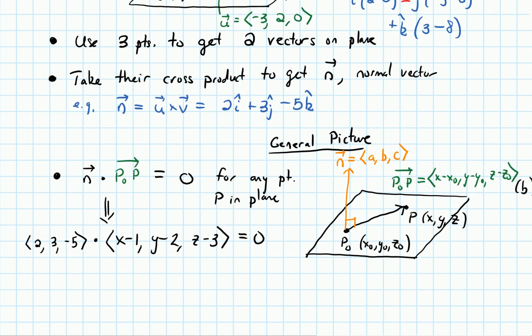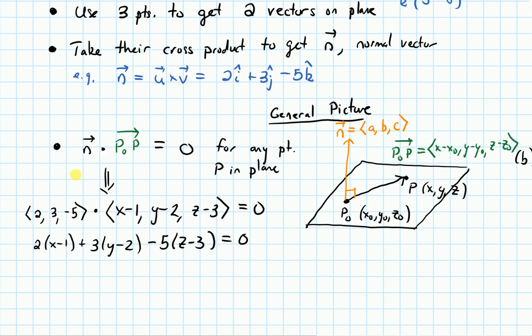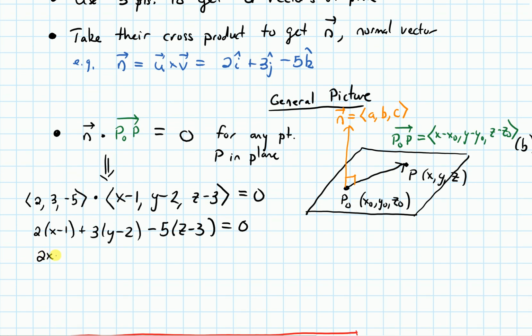And now if we dot this, we get 2 times x minus 1, plus 3 times y minus 2, and then minus 5 times z minus 3, because it's negative 5, equals 0. And that's the equation of our plane, but I can simplify it a little bit. If we distribute, we get 2x minus 2 plus 3y minus 6 minus 5z plus 15 equals 0.